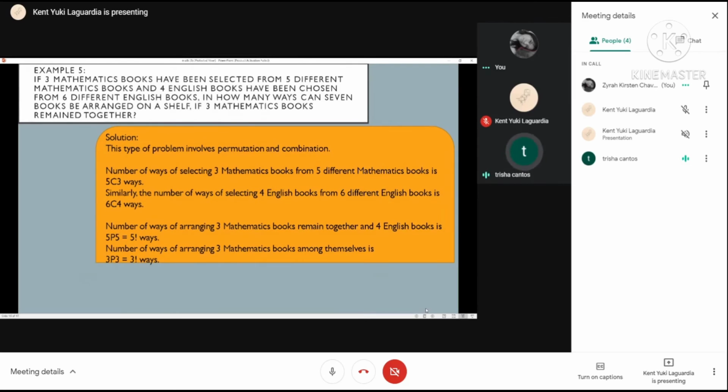The number of ways of selecting 3 mathematics books from 5 different mathematics books is 5C3 ways. Similarly, the number of ways of selecting 4 English books from 6 different English books is 6C4 ways. The number of ways of arranging the 3 mathematics books, kept together as one unit, and the 4 English books is 5P5 equals 5 ways. The number of ways of arranging the 3 mathematics books among themselves is 3P3 equals 3 ways.